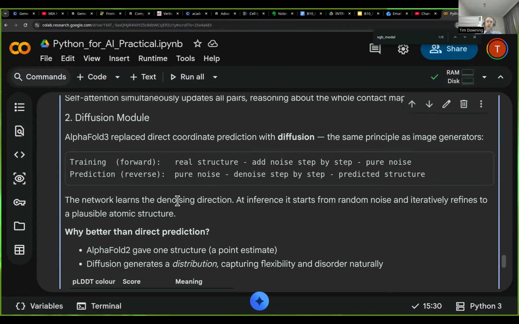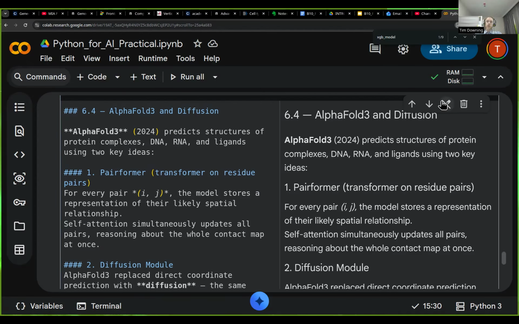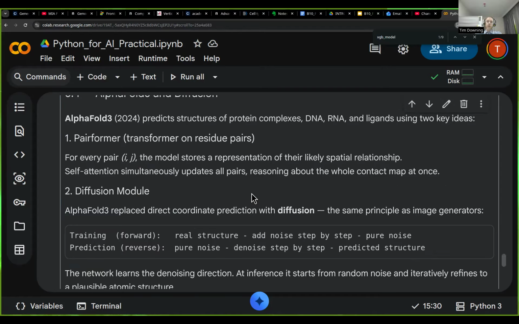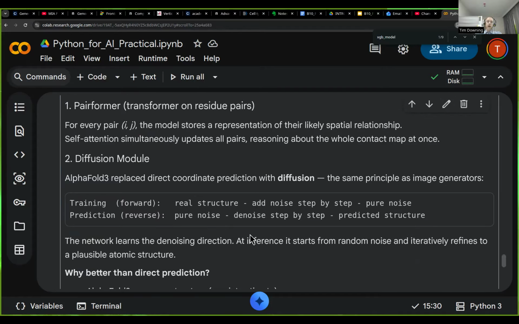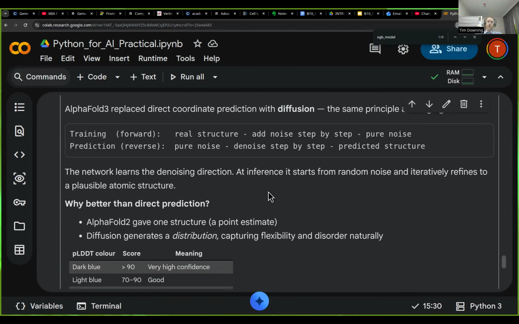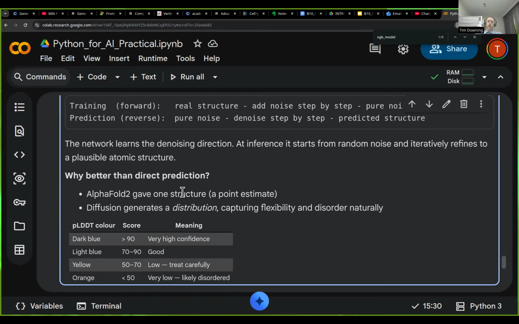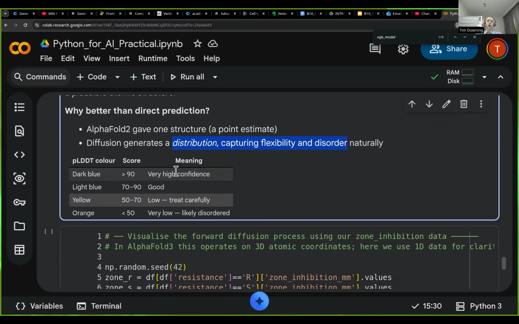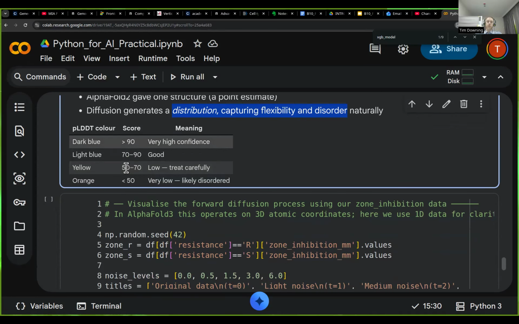So what it's trying to learn is the denoising direction. It starts from random noise and iteratively tries to get the correct prediction. So AlphaFold 2 just gave a point estimate, whereas with AlphaFold 3 we can get a distribution of outputs, letting us estimate how confident we are of the prediction.